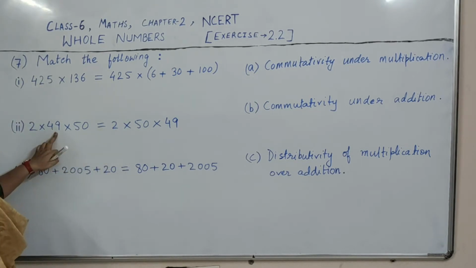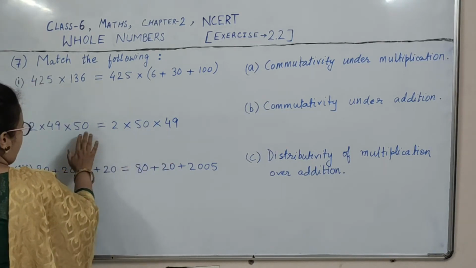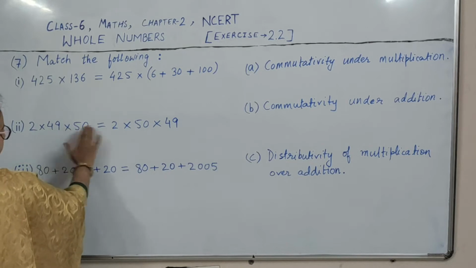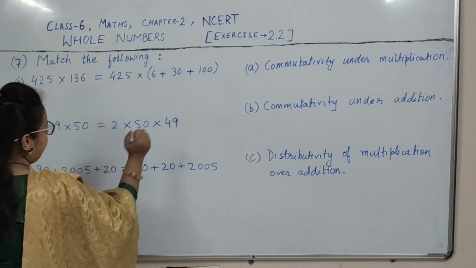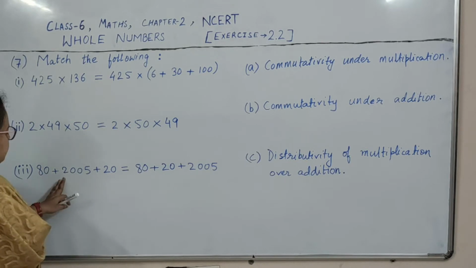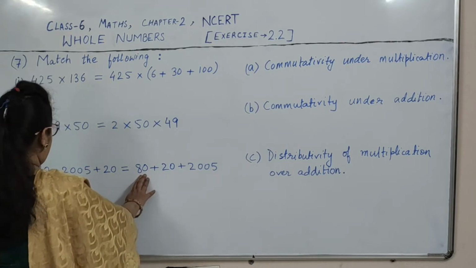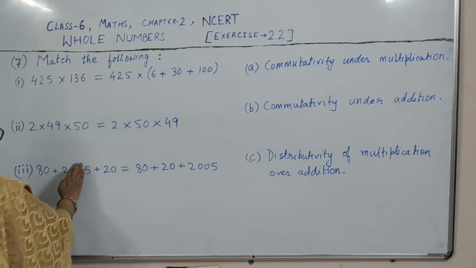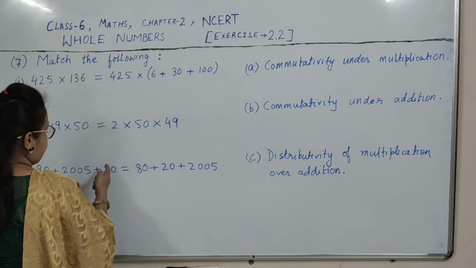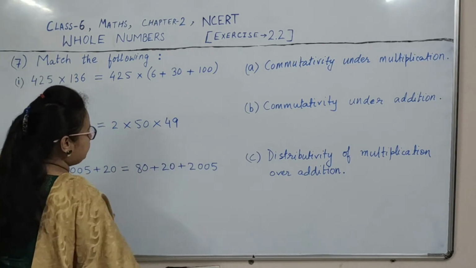See, here it is 49 and here it is 50. So what happens? 50 has come here and 49 has gone there. In the third one, 80 plus 2005 plus 20 is equal to 80 plus 20 plus 2005. See, this 20 has come here and this 2005 has gone there.